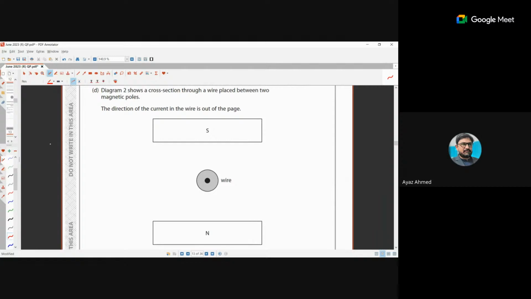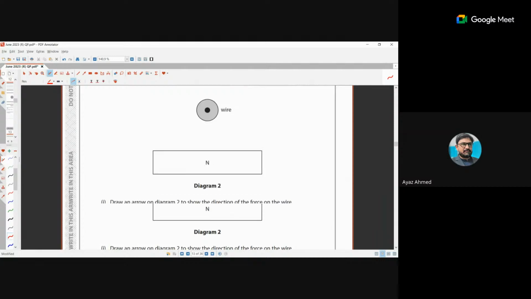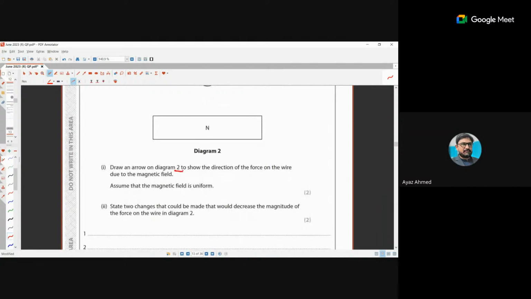The wire will experience a force. The diagram shows a cross section through the wire placed between the two magnetic poles. The direction of the current in the wire is out of the page, towards you. Draw an arrow in the diagram to show the direction of force acting on the wire due to this magnetic field.